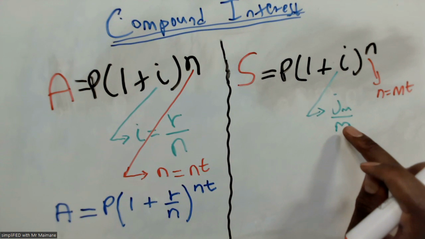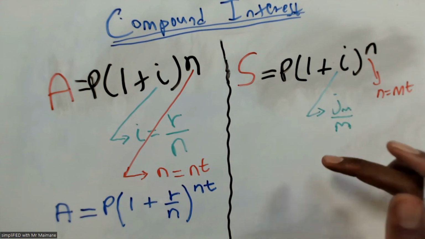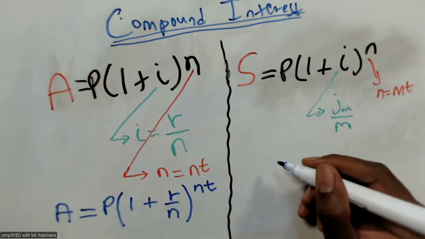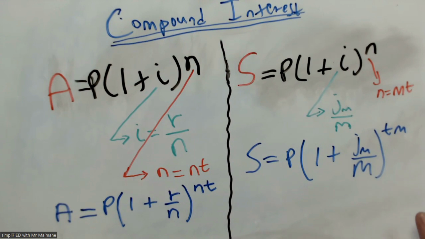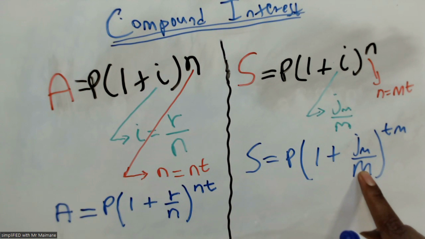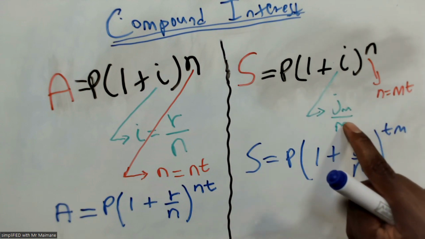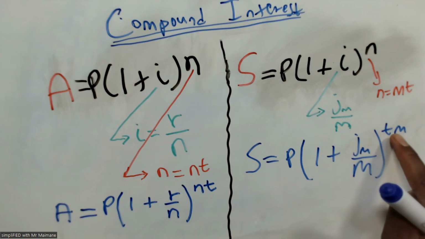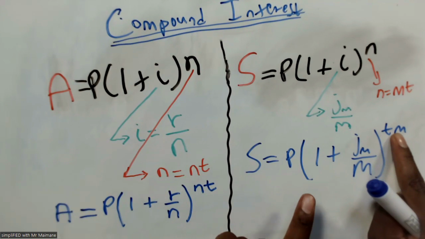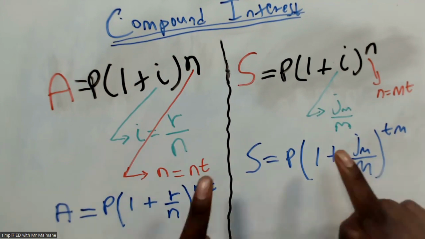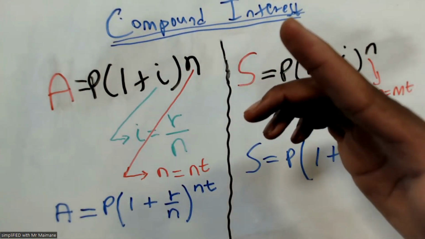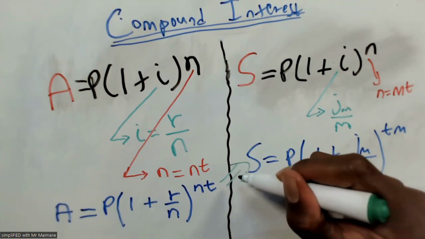That is the interest rate divided by the compounding period, which makes the formula this: S is equal to P times (1 plus j_m over m) to the power of m times t, where m is the compounding period. Here, n is the compounding period. These two formulas are the same.